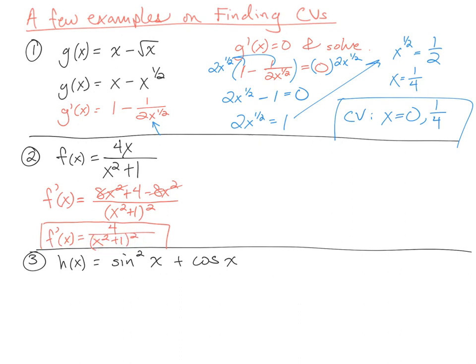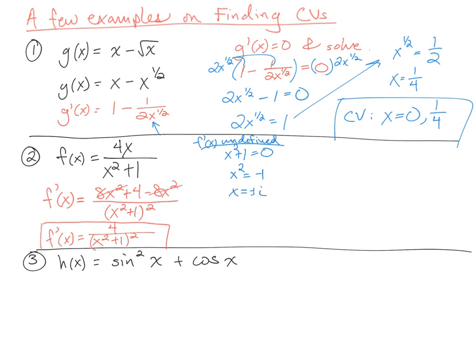All right, so what do we do here? Well, the first thing we're trying to do is find the values where the derivative is not defined. So again, we can take the denominator: x squared plus 1 equals 0. I can subtract 1 from both sides, and take the square root of both sides, x equals plus or minus i.